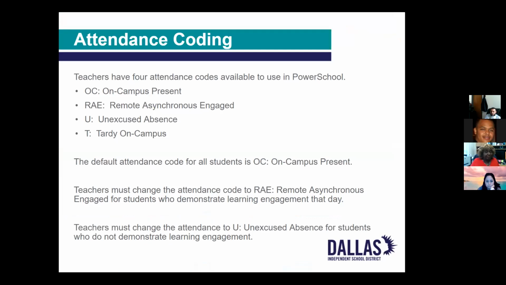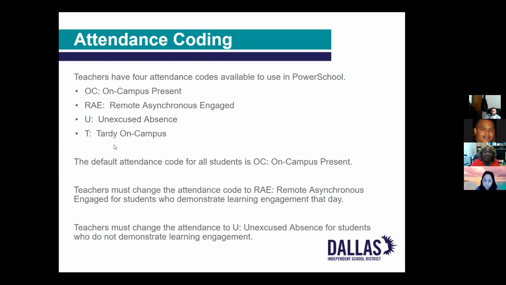So we have 4 codes that will be available to use in PowerSchool. OC for on-campus present, RAE, remote asynchronous engaged, unexcused, and tardy on campus.